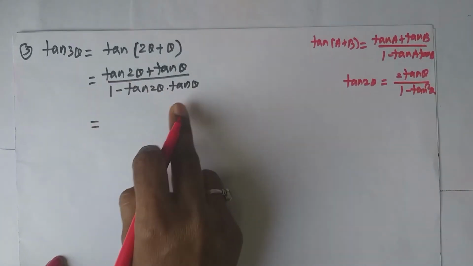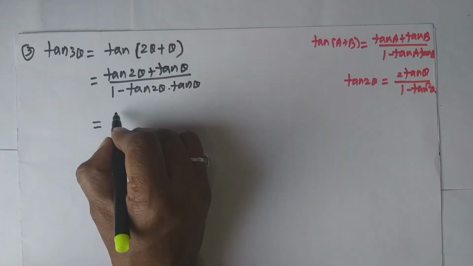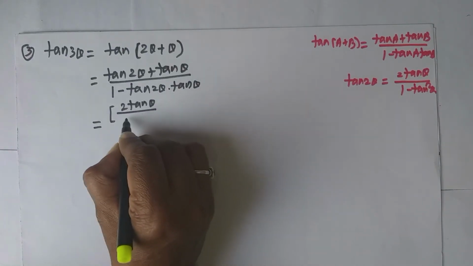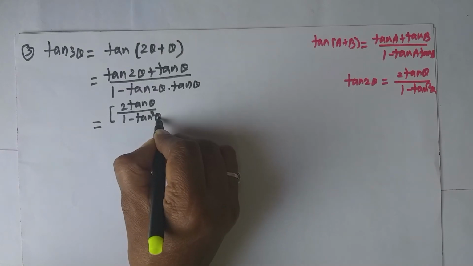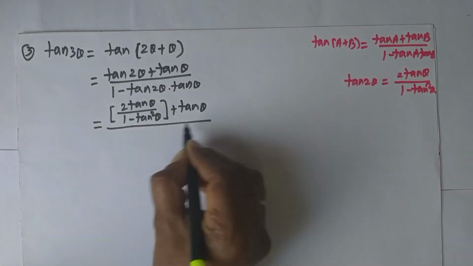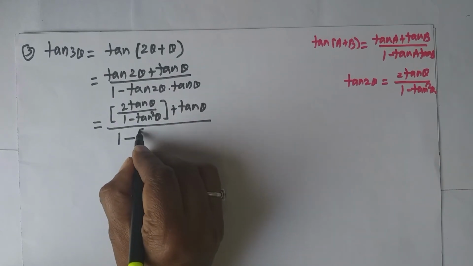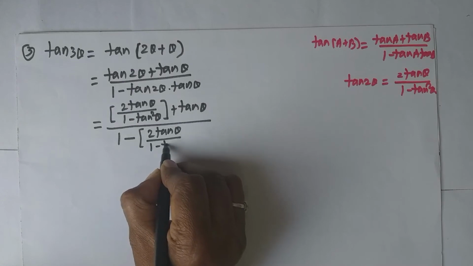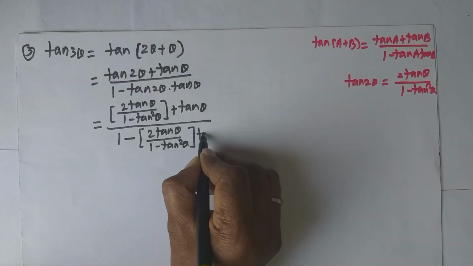Okay. Now I will keep the value of tan 2 theta here: 2 tan theta divided by 1 minus tan square theta, plus tan theta. Again in the denominator you keep the value of tan 2 theta, that is 2 tan theta divided by 1 minus tan square theta, into tan theta.